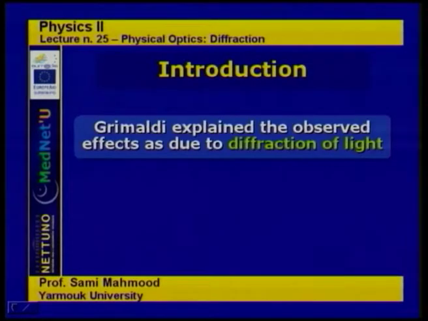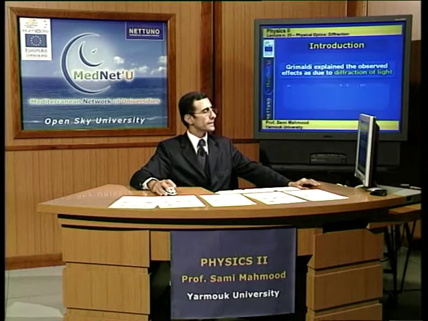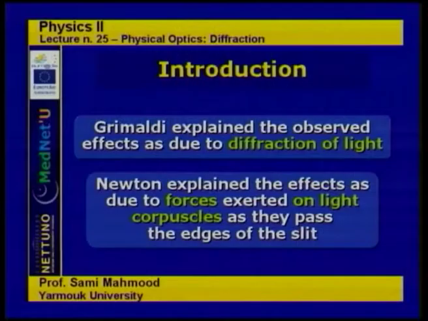Grimaldi explained these observations as due to diffraction of light. That was a great discovery and a great explanation and interpretation in the history of optics. Newton, who did not believe in the wave theory and that diffraction can happen, had to explain the observations, however.